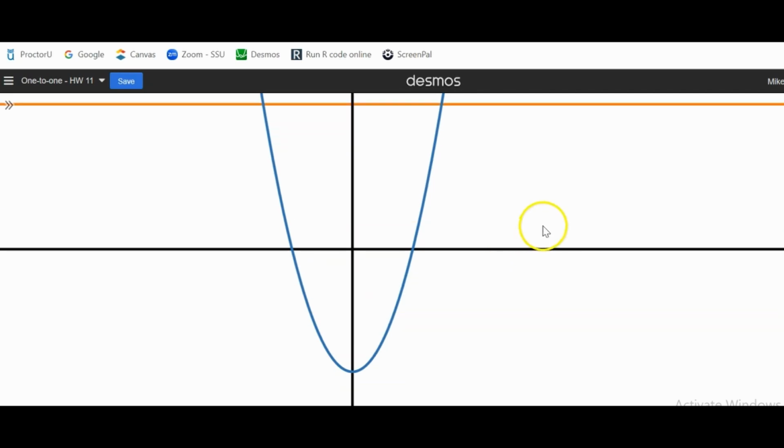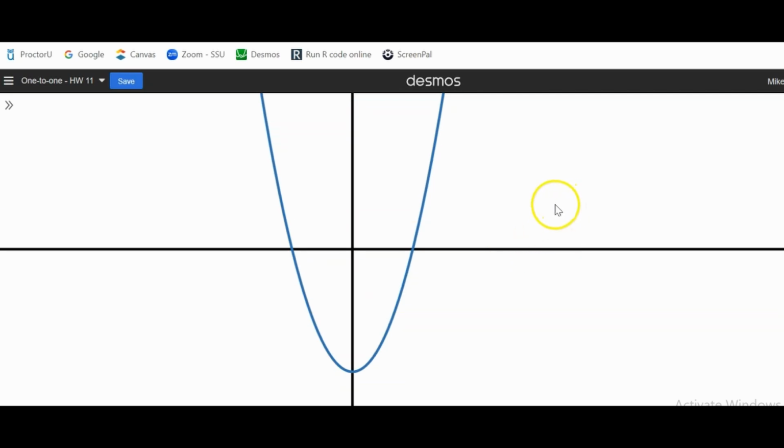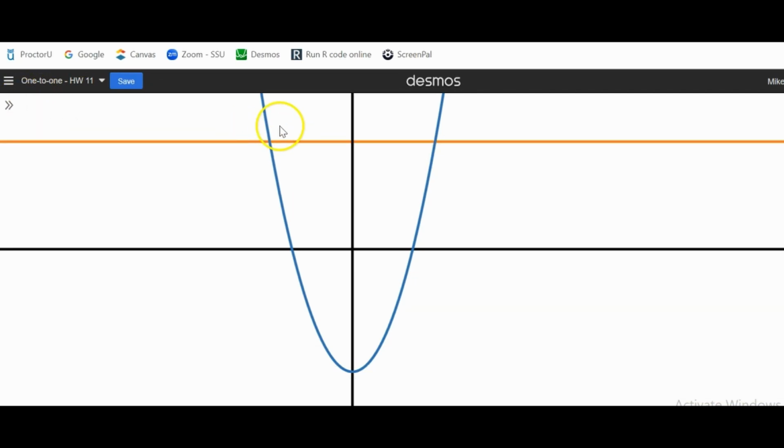Okay, here's a quadratic function. It's a parabola, and you can see as this horizontal line moves up and down that in many places it's crossing over twice. In fact, if I freeze the line, you can see that the horizontal line is crossing over the parabola at this point here, and also at this point here.